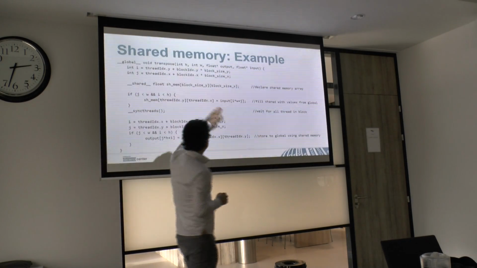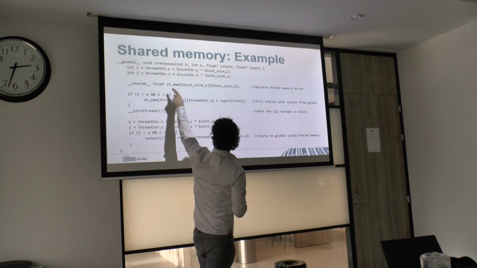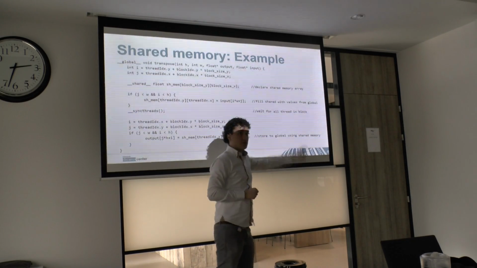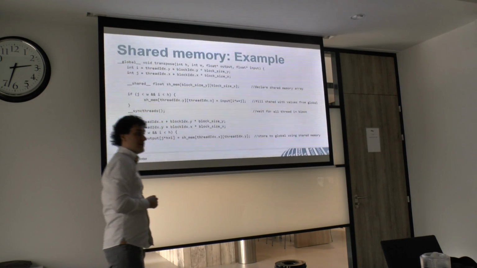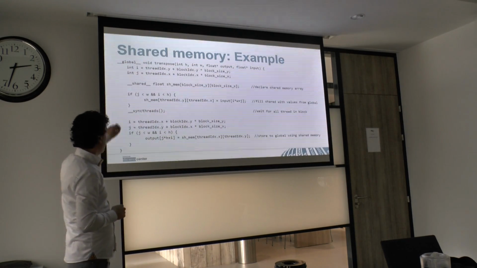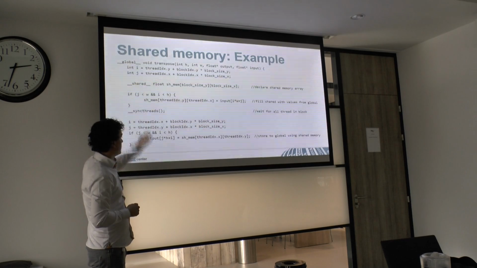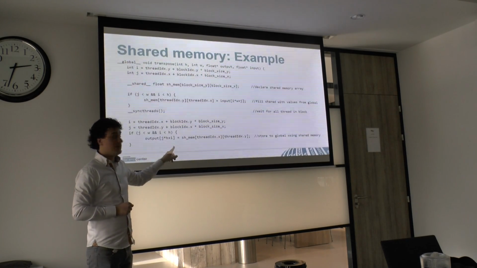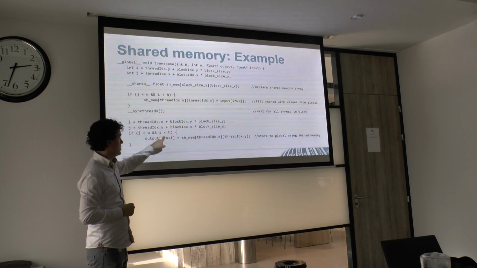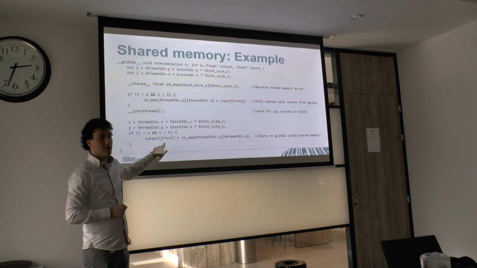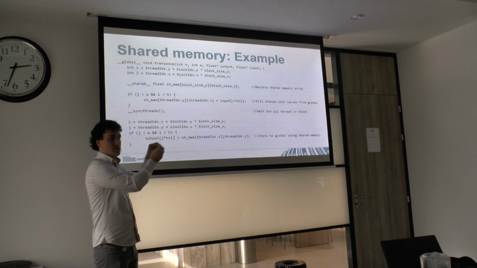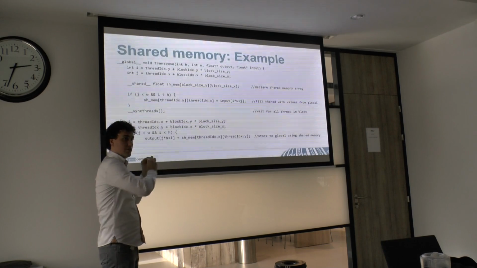So threads that have adjacent x indices will access adjacent locations in the input. But if you would use directly those I and J to write the output like that, then the threads will access values that are H apart if they have adjacent J values. So they will access the column rather than the row.